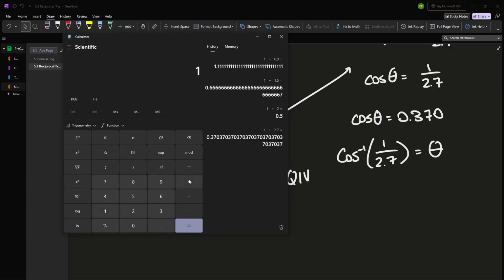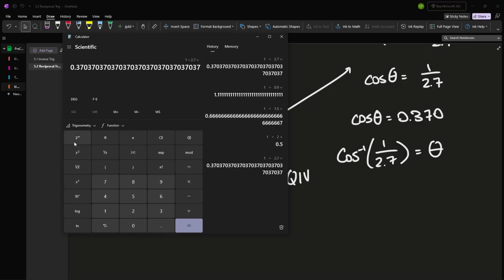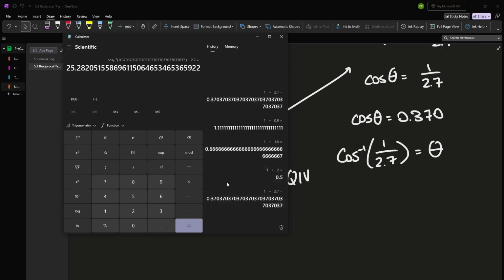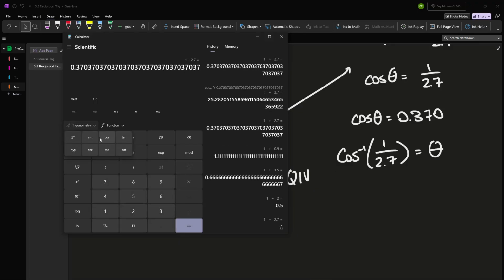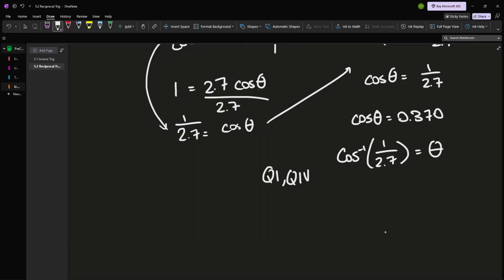Let's do 1 divided by 2.7. Inverse cosine of this. It's in degrees, 1 divided by 2.7. Inverse cosine gives me 1.191. Theta is 1.191.